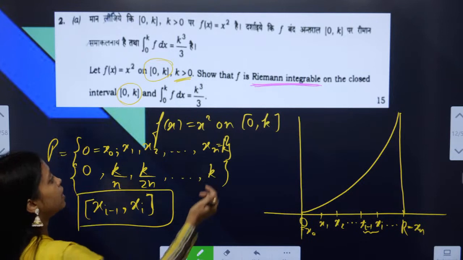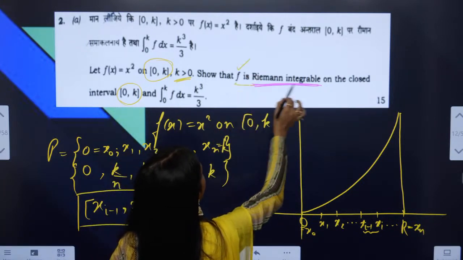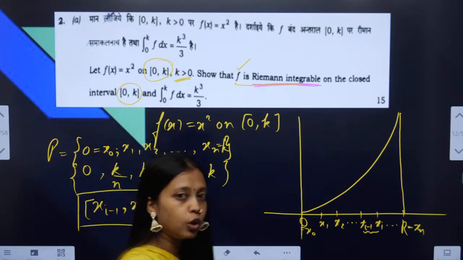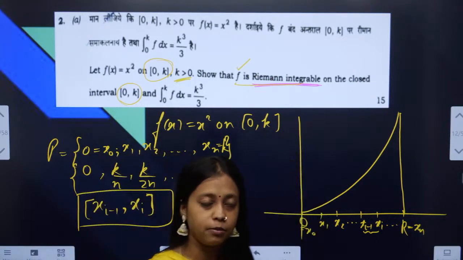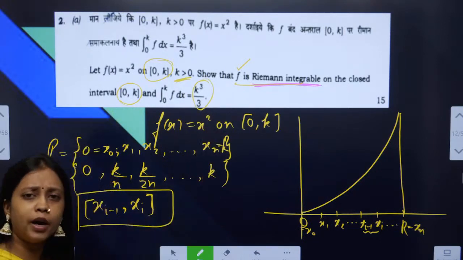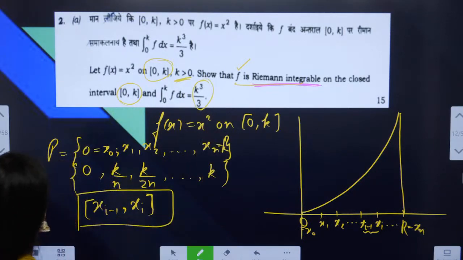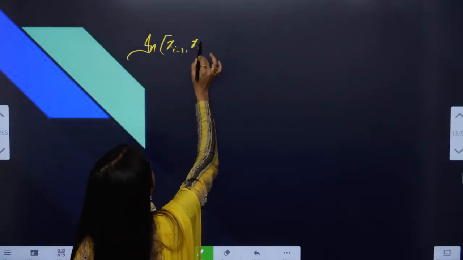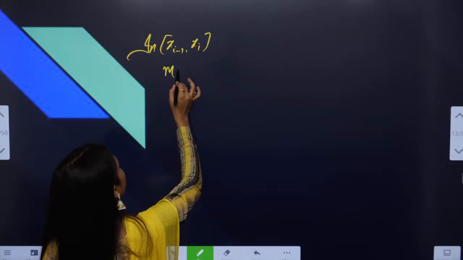If they are the same, then the first part of our job is done, that f is Riemann integrable, and the answer of the lower and upper Riemann integral has to be k cube by 3.